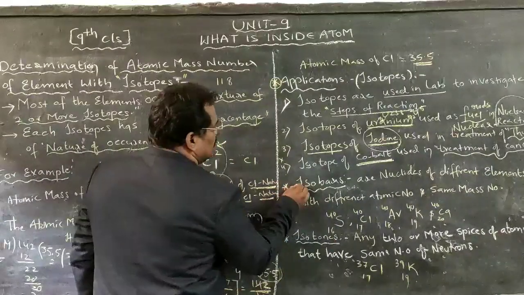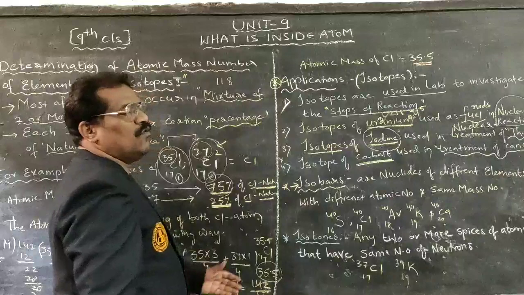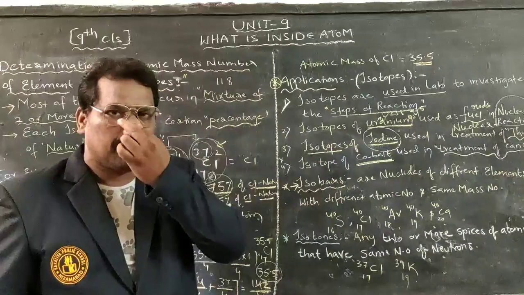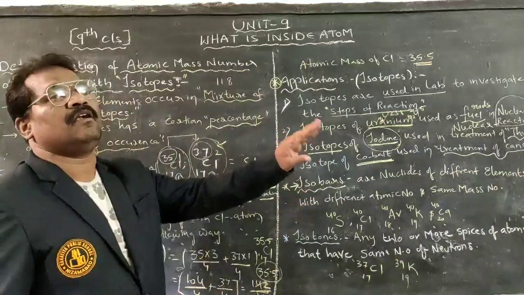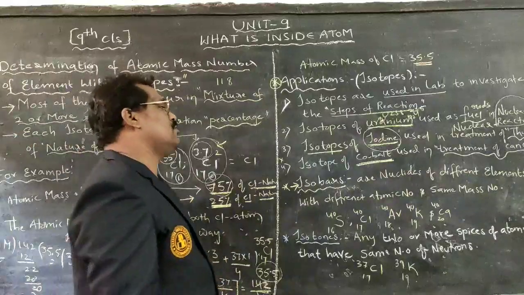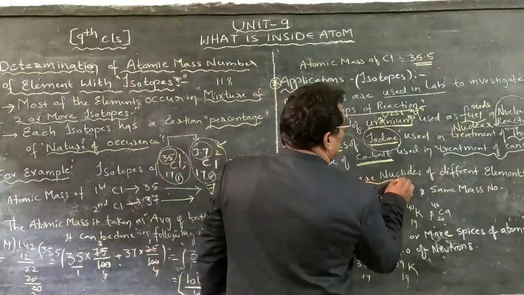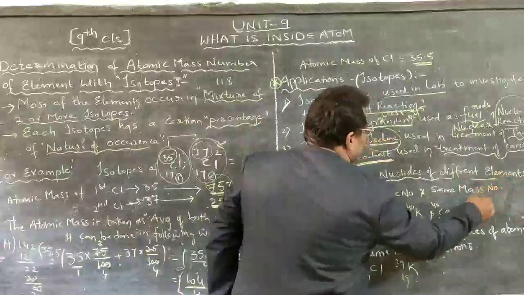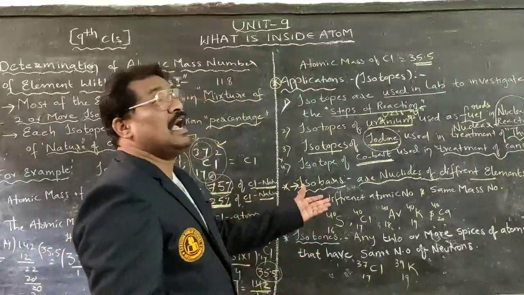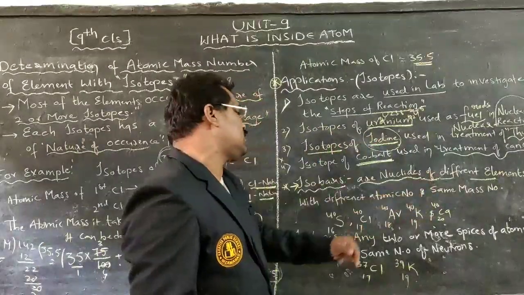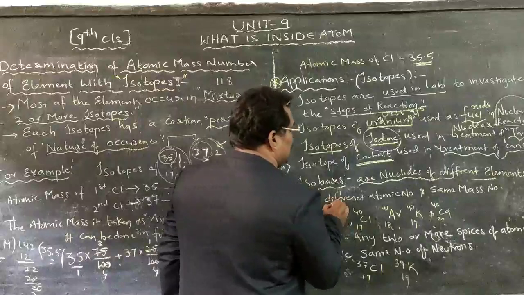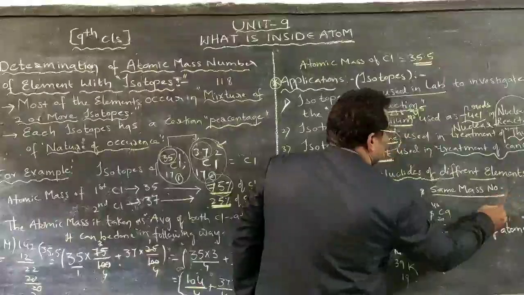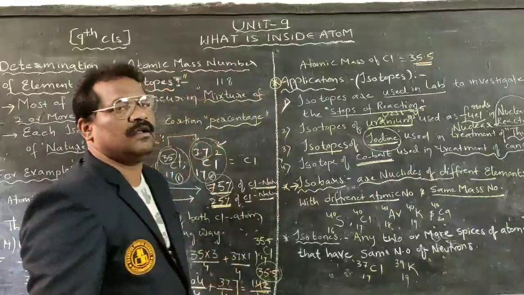Next one is isobars. What are called isobars? Isobars are nuclei or atoms of different elements with different atomic numbers and the same atomic mass number.